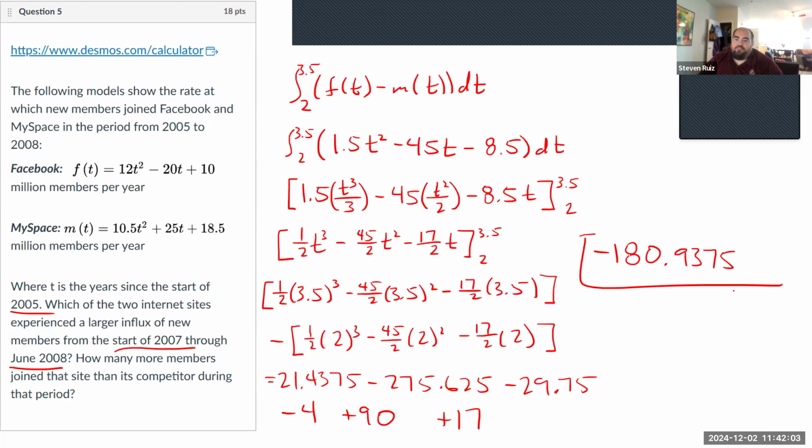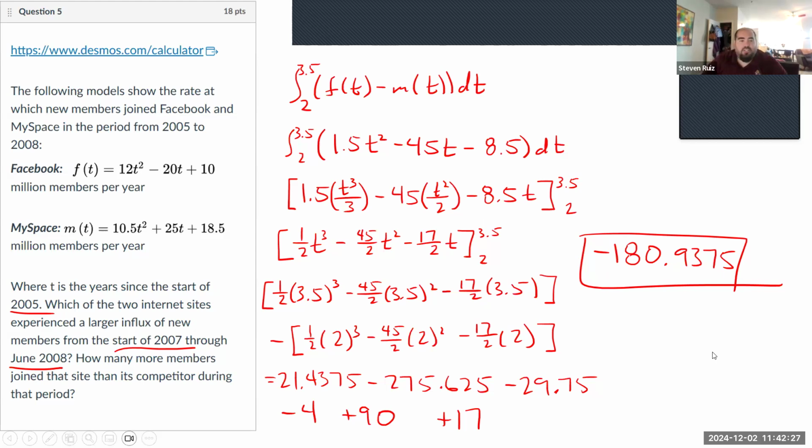So what does that number mean? Well, that means two things. That means that MySpace picked up more members because I got a negative value and I was subtracting m. So during that time period, MySpace gained more members and they gained 180 million more members.